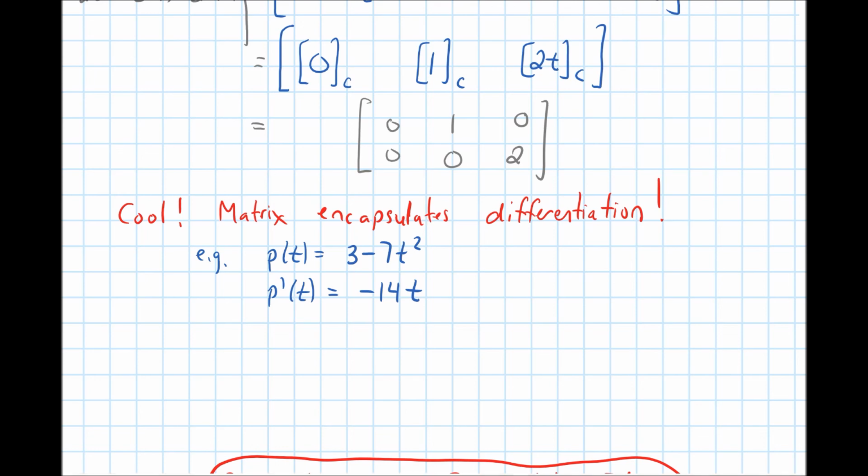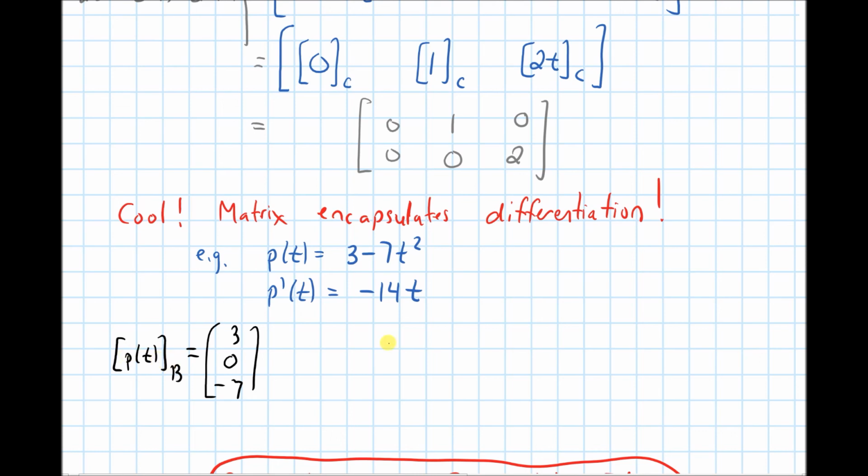Well, if we take p of t and find its b coordinate vector, so how we write this in terms of the standard basis for P2, well, 3 is the constant term. There's no term with just t, so that coefficient is 0. And then the coefficient of t squared is negative 7. So that's the coordinate vector of p of t.